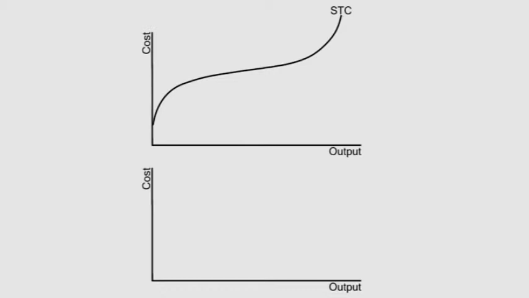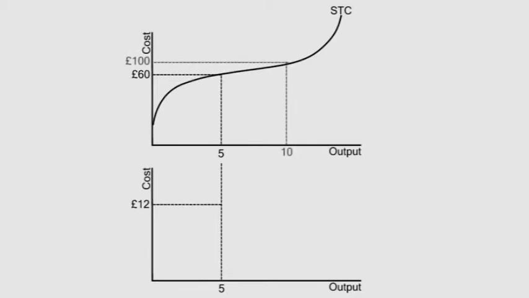And underneath, we're going to plot the relationship between output and average cost. So, for example, at 5 units of output, the total costs are, say, £60. Then what's average cost? We simply say that at 5 units of output, average costs are 60 divided by 5, which is £12. So £12 a unit is average cost at 5 units of output.